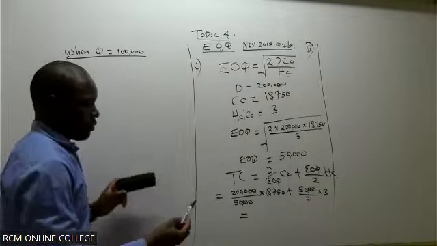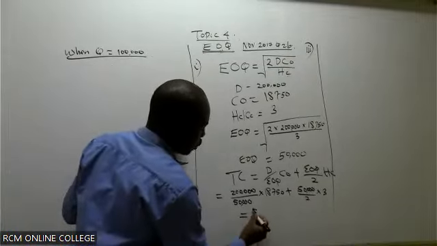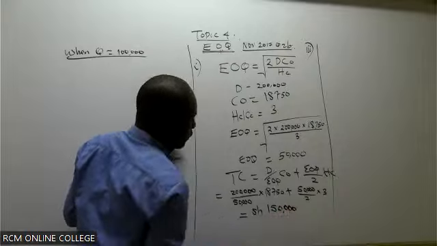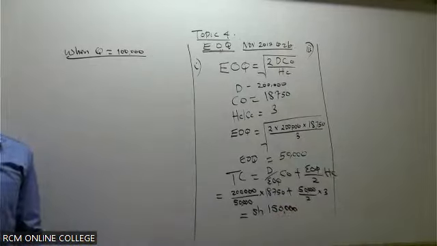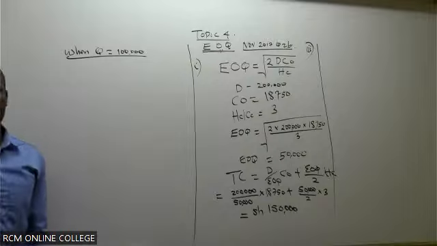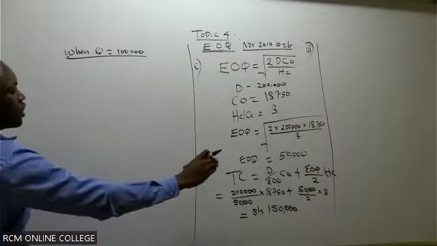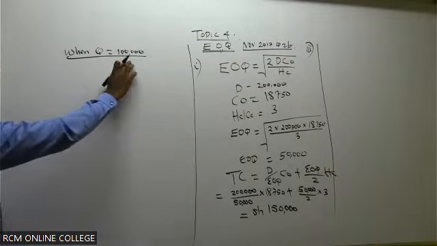Okay, I'm getting the total cost incurred there as 150,000 shillings. So let's do the same now that the economic order quantity has been changed to 100,000 units.